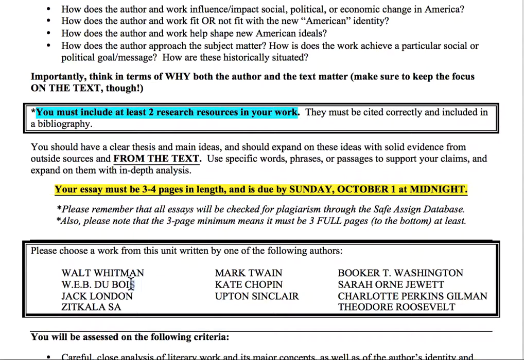Look at Du Bois, look at Jack London, look at Twain. Look at their works and how they are commenting on something that's happening historically, contextually, and how does their work do something specific? What are they trying to achieve with that work? What kind of action or thought are they trying to inspire?